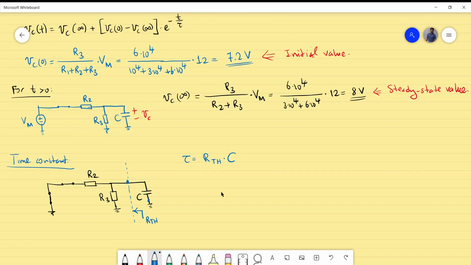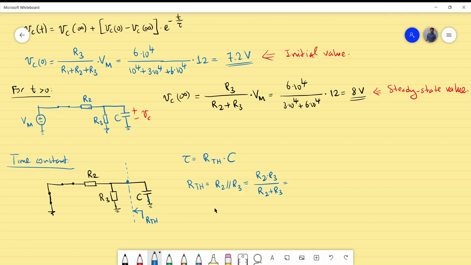And if you look very carefully, this is just a parallel combination of R2 and R3. So I can say our Thevenin is R2 parallel to R3, and that is, written in a different way, R2 times R3 divided by R2 plus R3.